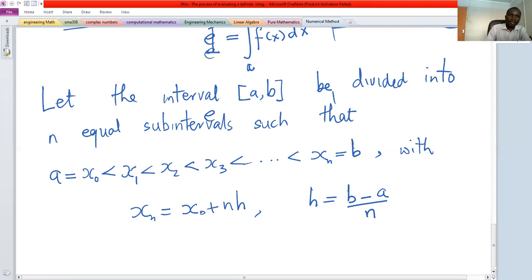So remember, this is to say that we have this closed interval a to b, and you divide it into equal subintervals.